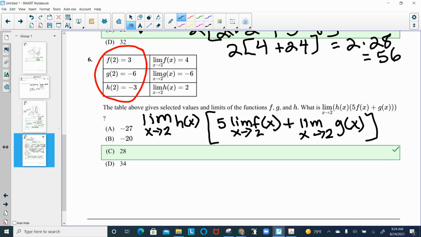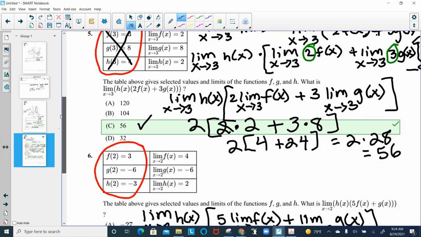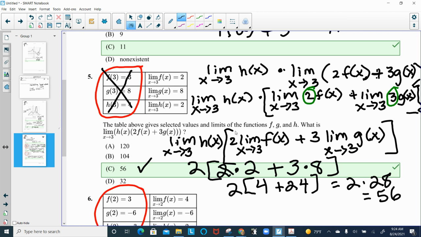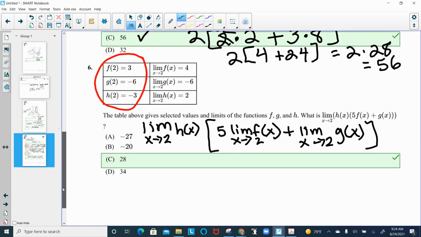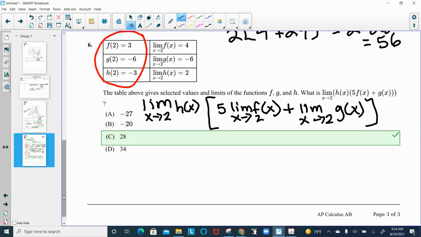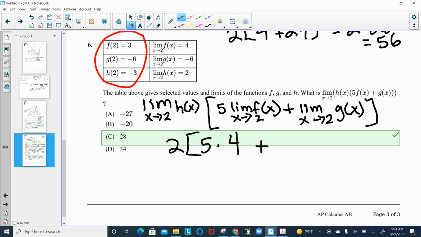Okay, so this is what I got to in the previous problem after showing you 2 or 3 steps. What I just did here was I jumped to that last step. So now I can grab the limit of h of x, 5 times the limit of f of x, plus the limit of g of x.